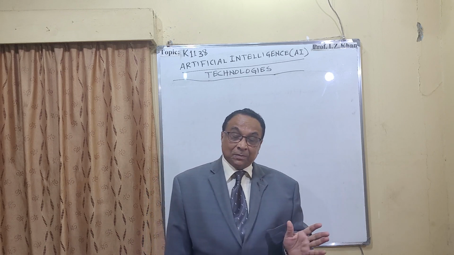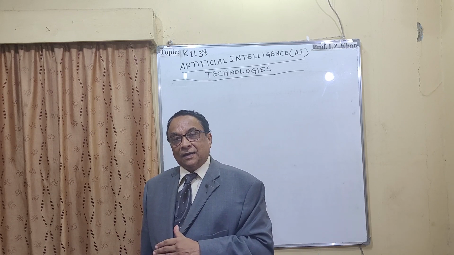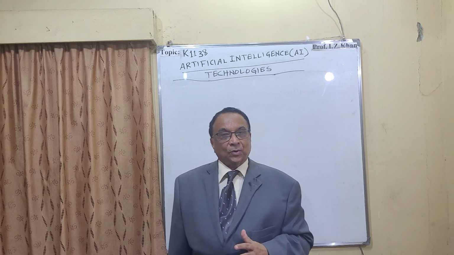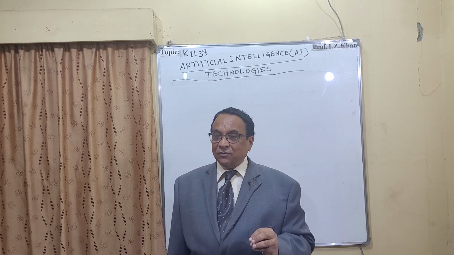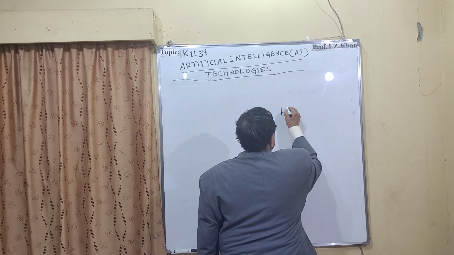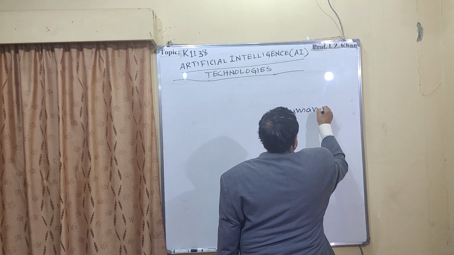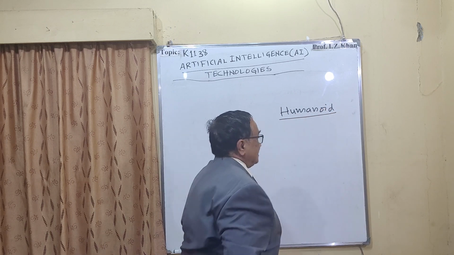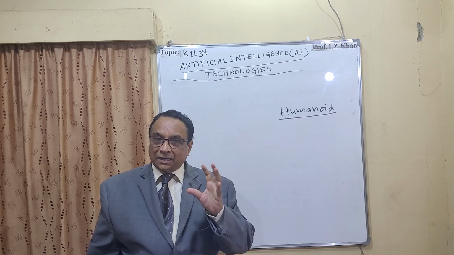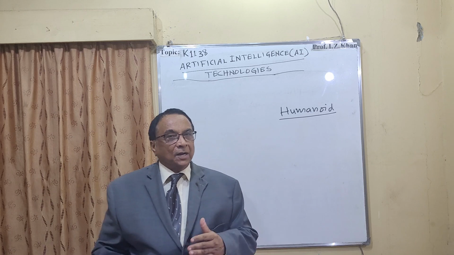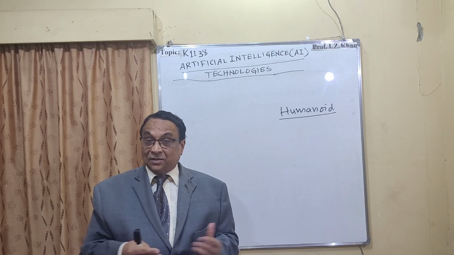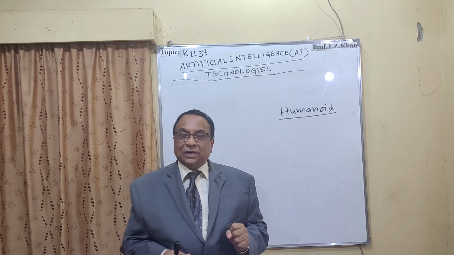Then with repeated learning and training it can take decisions, and it can have its own language like a human being, and with that we can produce a humanoid. A humanoid is a subset of artificial intelligence technology, and artificial intelligence itself is a part of computer science which has different associated technologies. So humanoid is one of them.